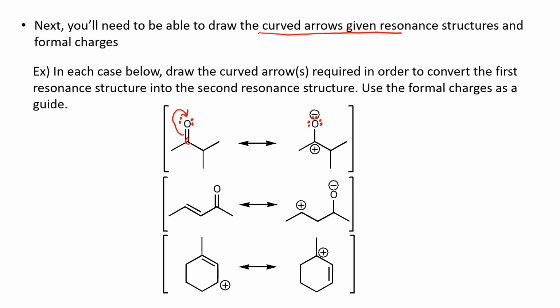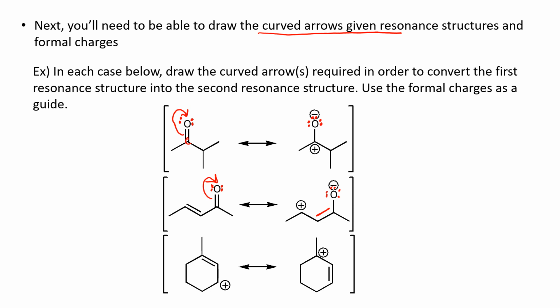In the next example, we have to show an oxygen atom that's neutral becoming negative, so it looks like a pair of electrons from this pi bond have to end up on that oxygen. So we can show that with the first arrow. And then, oh, this is a typo. There should have been a double bond there, so that's my fault.